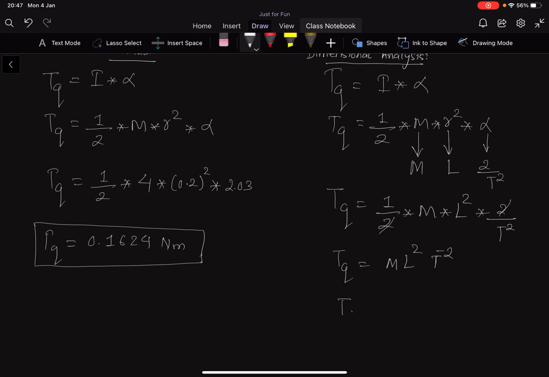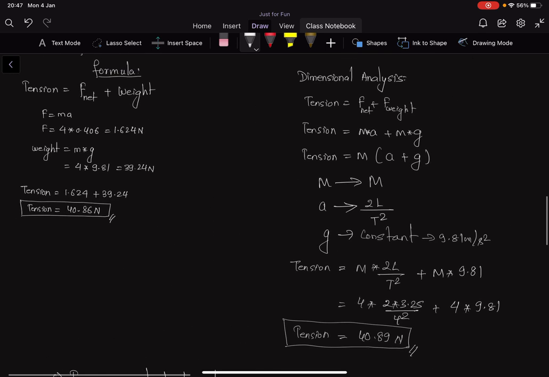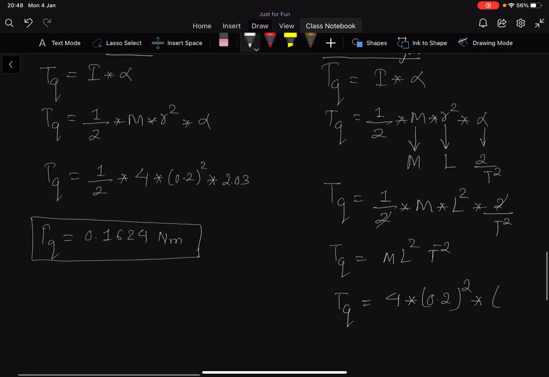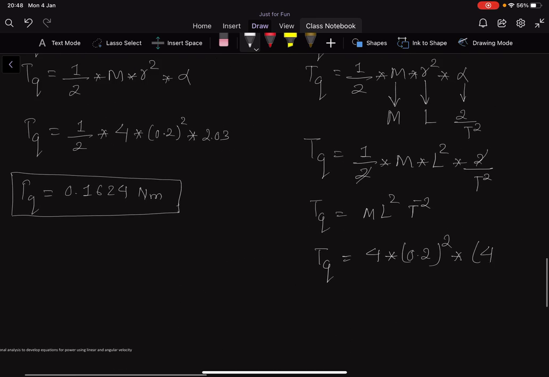So we're going to get TQ equals mass, which is 4 kilogram. L is referred to as your radius, so we need to take the value of the radius, not the distance covered or the length of the cable. We need to make sure we are using the right value of length, which is 0.2 in our case as our radius, times the time, which in this case is 4, so 4 to the minus 2.